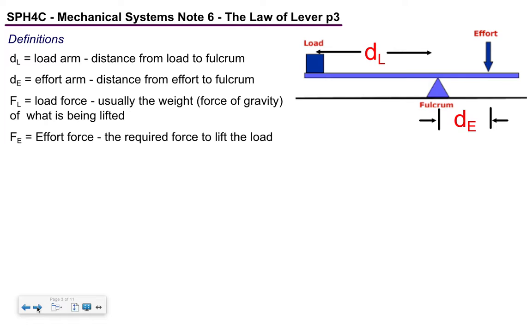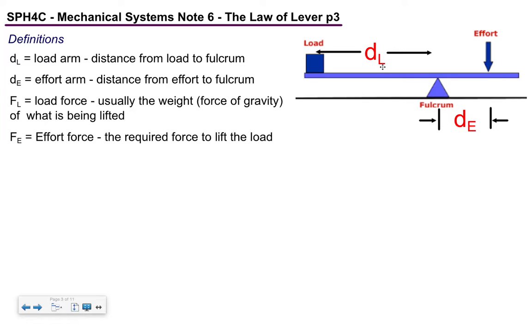So just as far as a couple of definitions and symbols, so you know what I'm talking about, so we can do calculations. Of course, that's what it's all about. If I take this first class lever here, and there's my fulcrum, they always call it an arm. I don't know why, but it's really just a distance. The distance from the load to the fulcrum is called the load arm, and I call it D with a little l.